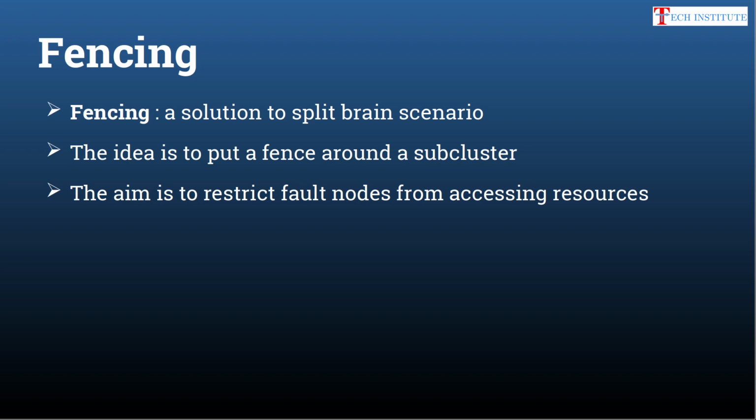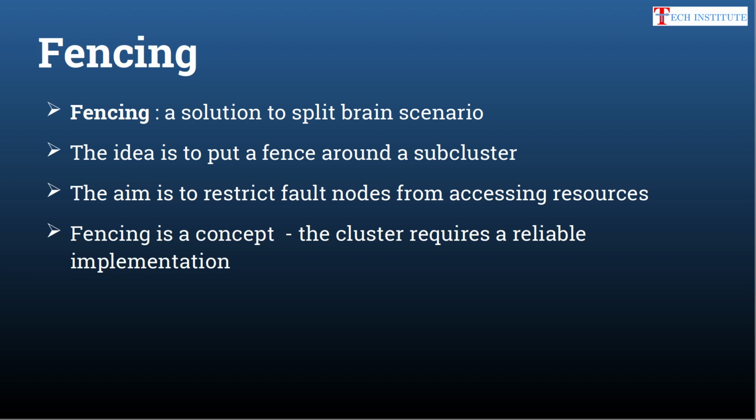So fencing will restrict that node from accessing the resources and impacting your services. This is a concept where your cluster requires a reliable implementation. If fencing is not properly implemented, then your cluster will not be functioning properly.